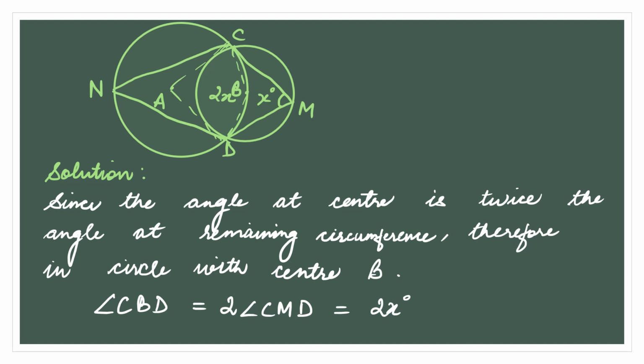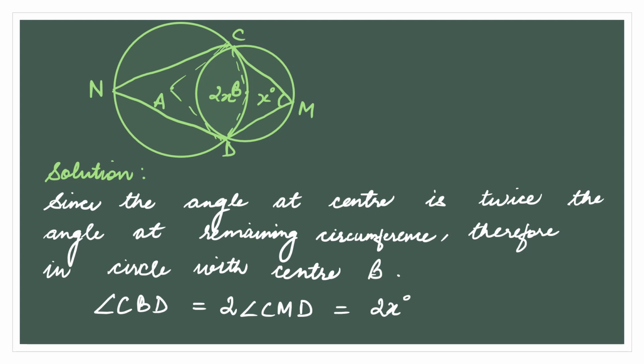Now what is this angle, children? This angle is 360 degrees minus 2x, and it is twice of this angle. Since the angle at the center is twice the angle at the remaining circumference, therefore in the circle with center B, angle CBD is equal to 2 angle CMD, which is 2x degrees.